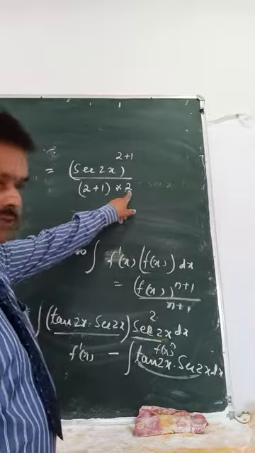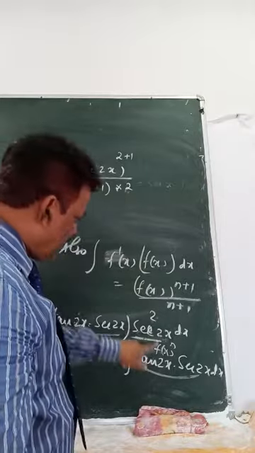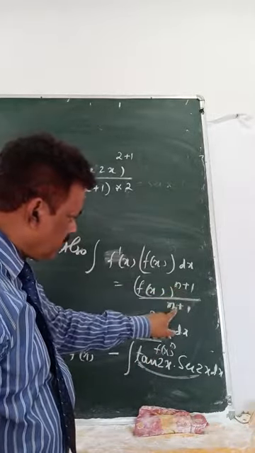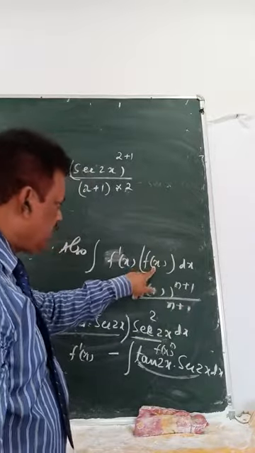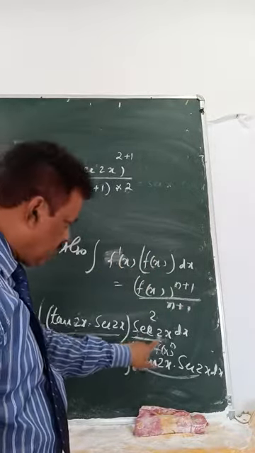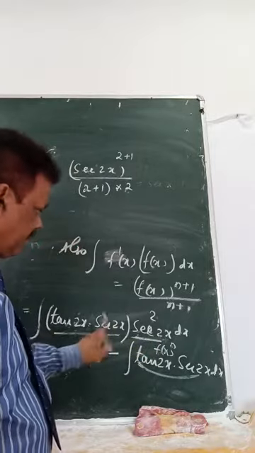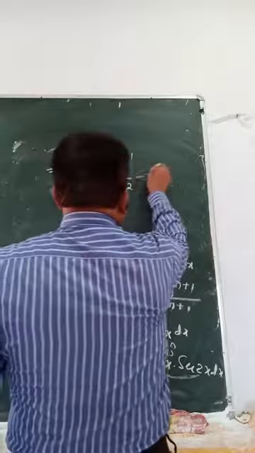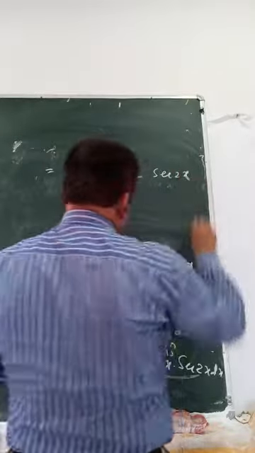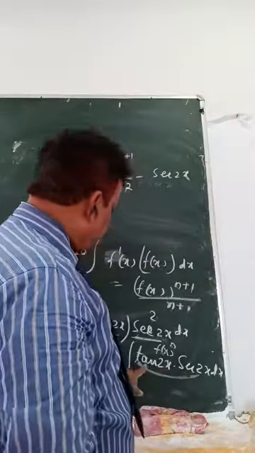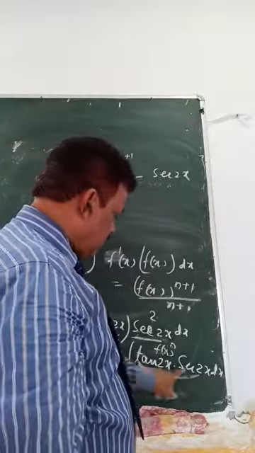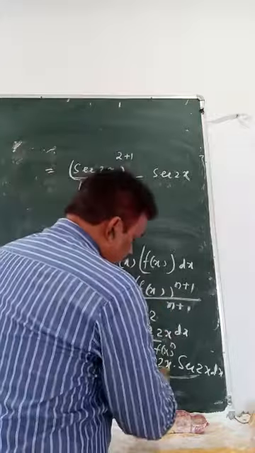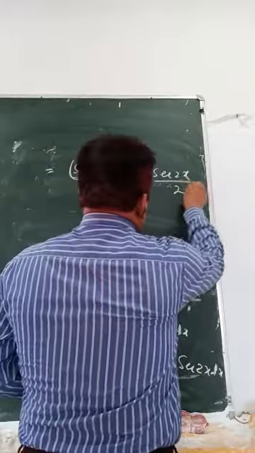This is the nth formula of fx: fx to the power n plus 1 by n plus 1 if its derivative is present here. Sec 2x's derivative is present here. Okay, if you go to this part, that is tan 2x sec 2x, because sec 2x's derivative, its integration is sec 2x. So its integration is sec. Again chain rule, because the angle is 2x, so you have to divide by 2 plus a constant.